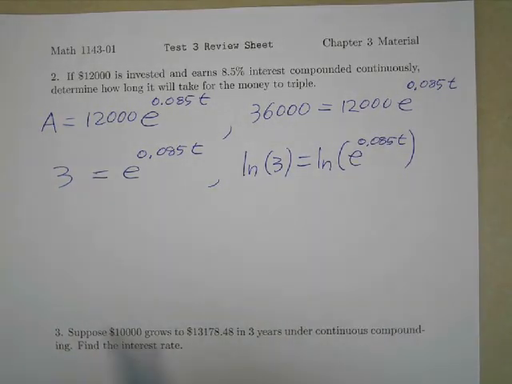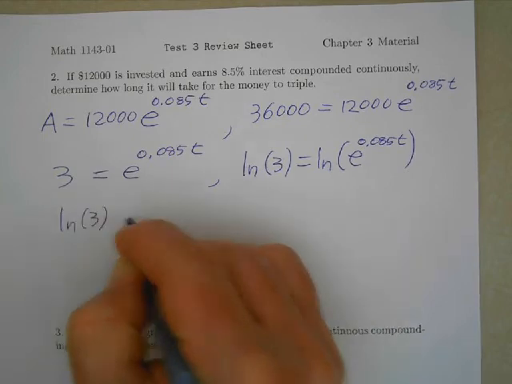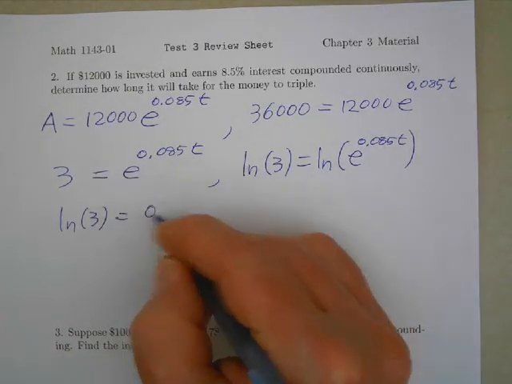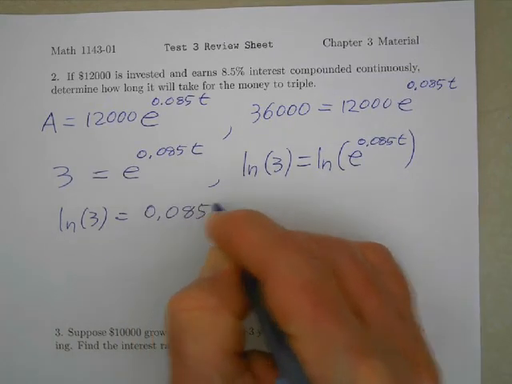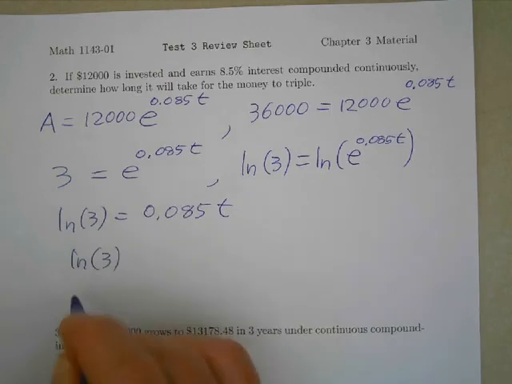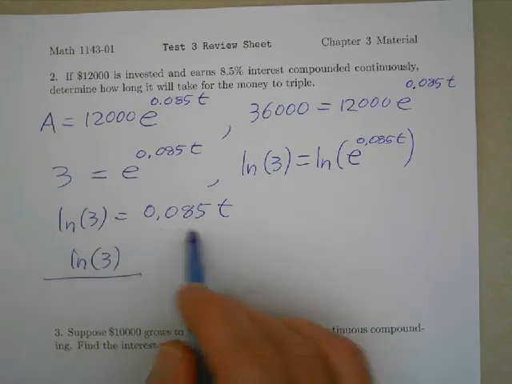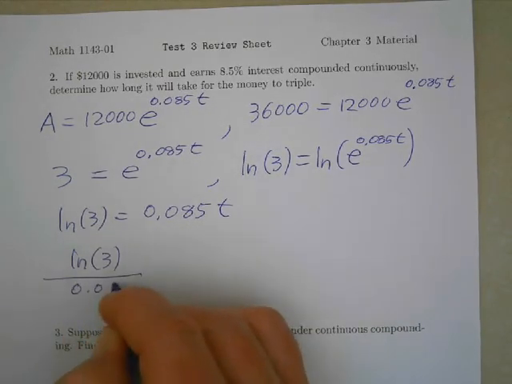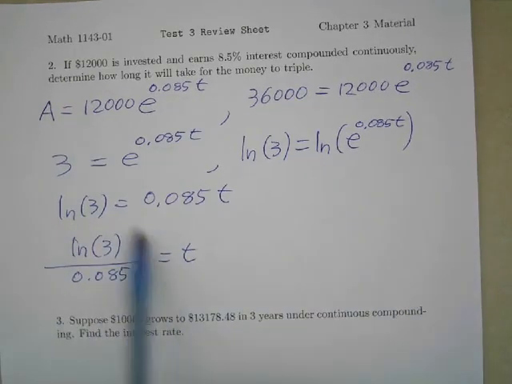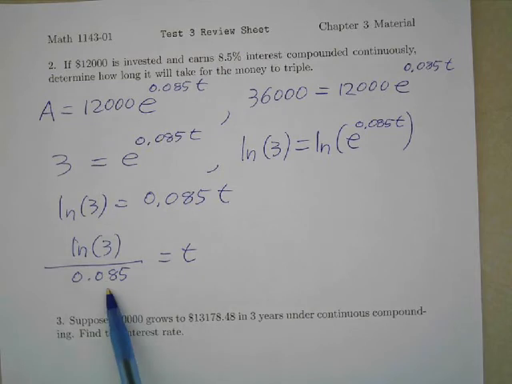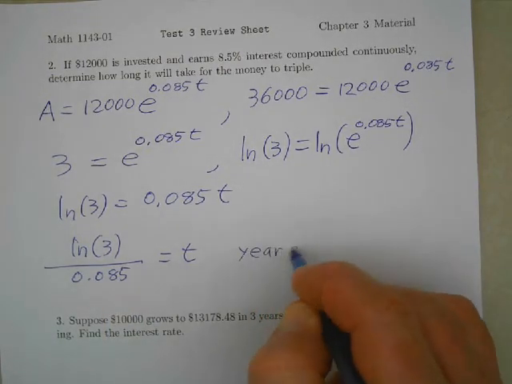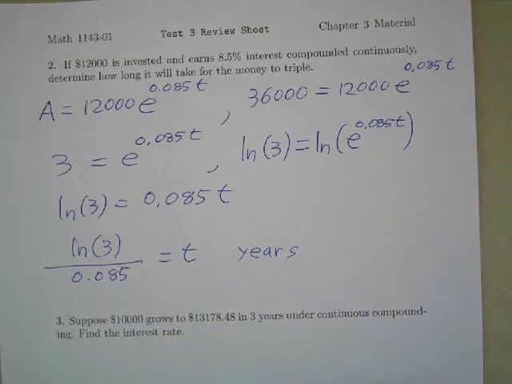But the natural log of e to the 0.085t is just 0.085t. And then we divide both sides by 0.085, so the natural log of 3 divided by 0.085 equals t. And then you can use a calculator to determine a meaningful answer for the number of years it takes for the investment to triple.